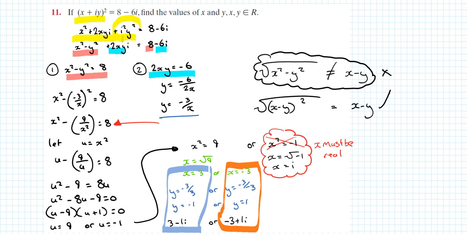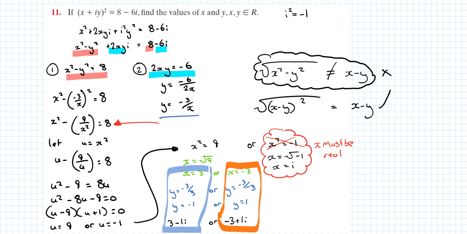What do I know about this section right here then? Well, i squared is equal to minus 1. So it's really important that we remember that. i squared is equal to minus 1. So this bit right here ends up being minus y squared.